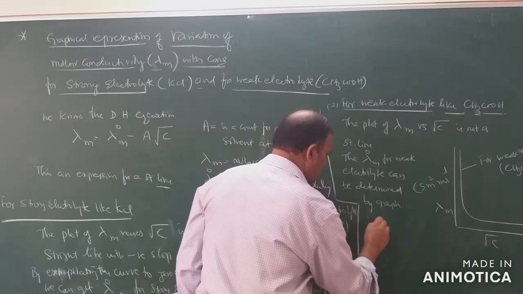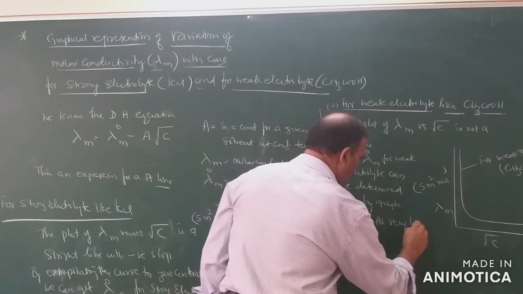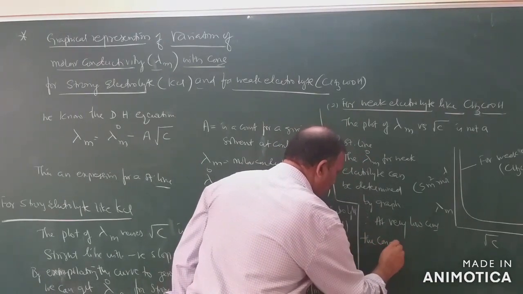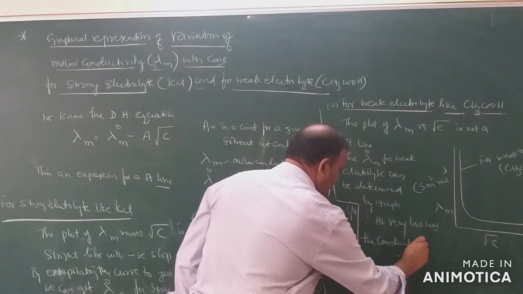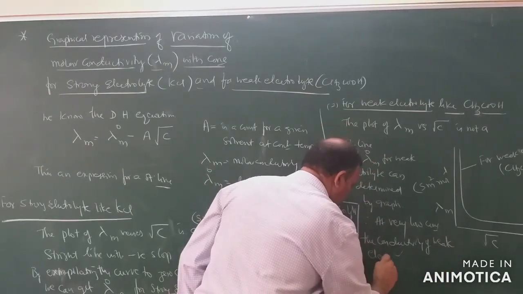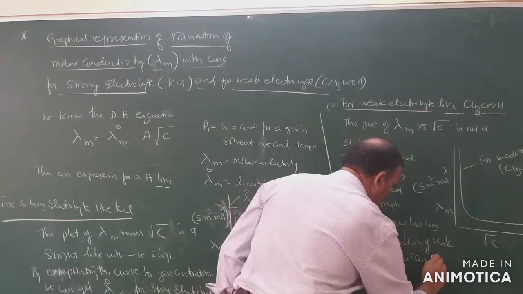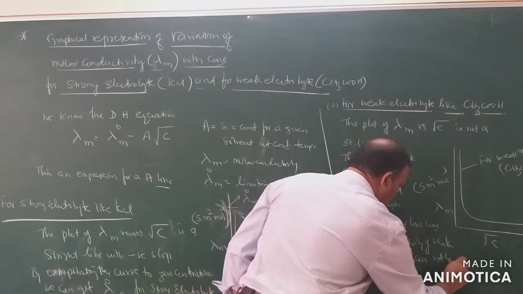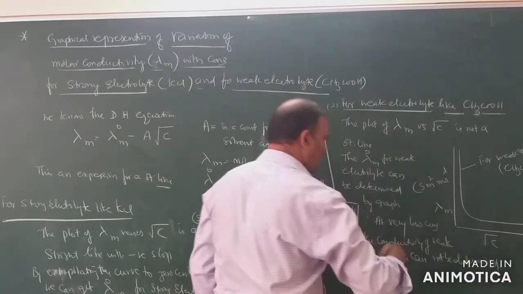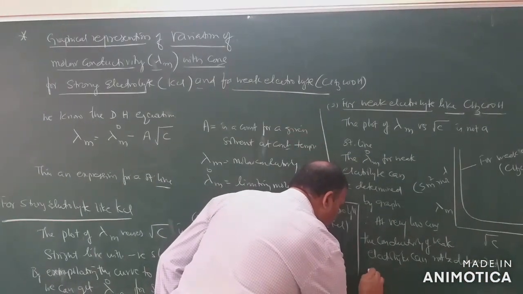This is because at very low concentration the conductivity of weak electrolyte cannot be determined because the concentration is very less. How can it be determined then?